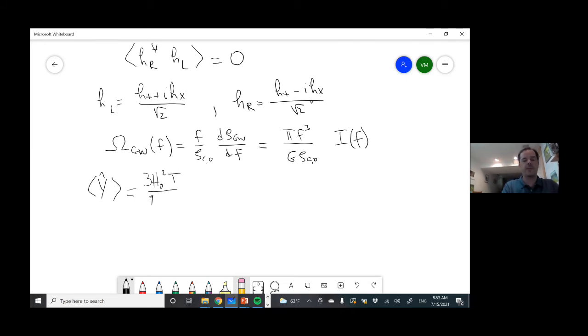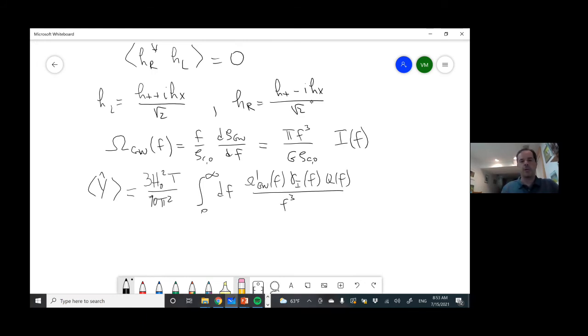So the prefactor is similar. Then we have this integral from 0 to infinity df of omega prime. Bear with me, I'll define what that is. Then we have gamma I of f, then q of f, and finally f cubed.